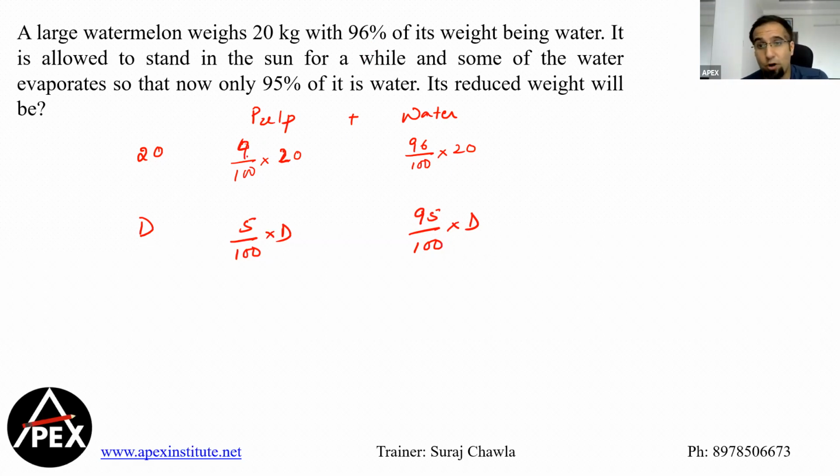Now, the most important point to note here is whenever I am drying a fruit, it's only the water component that gets evaporated. Clear? If it's only the water content that gets evaporated, which means the quantity of pulp does not change. Is this point clear with all of us?